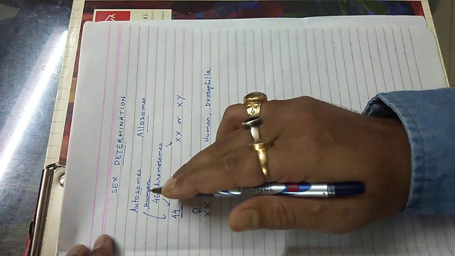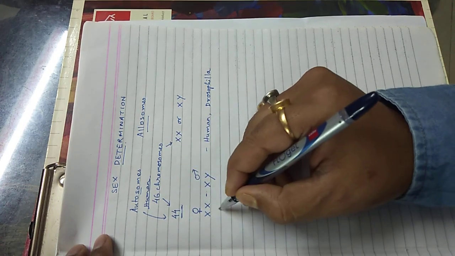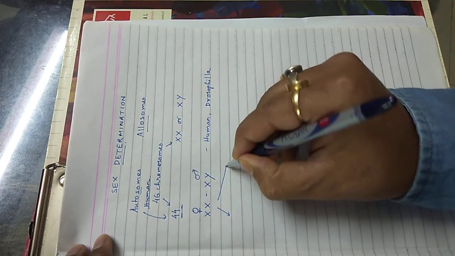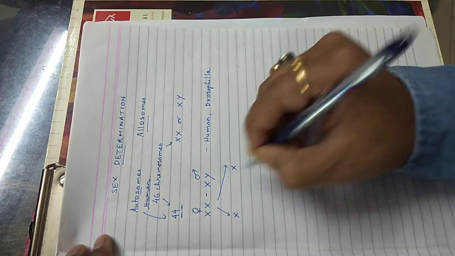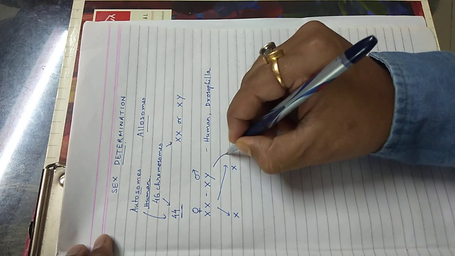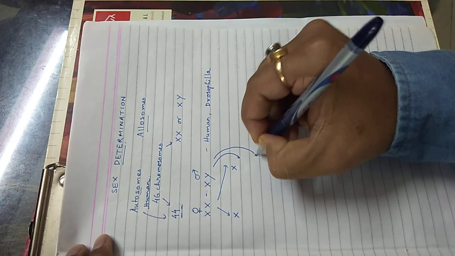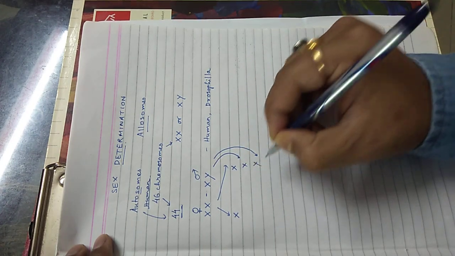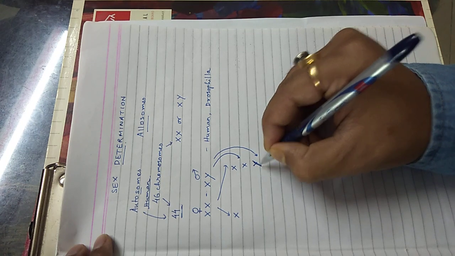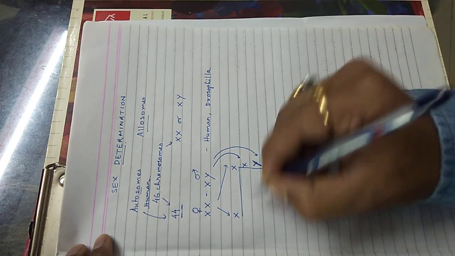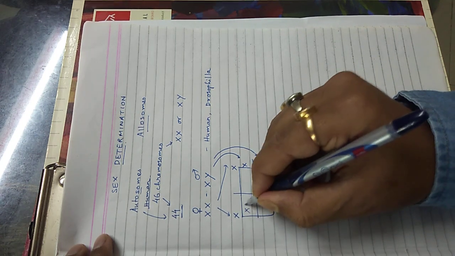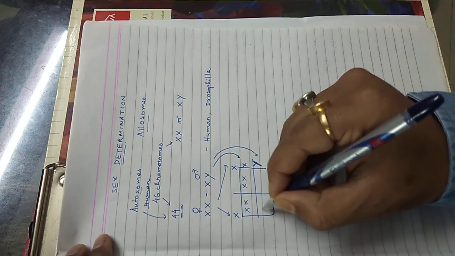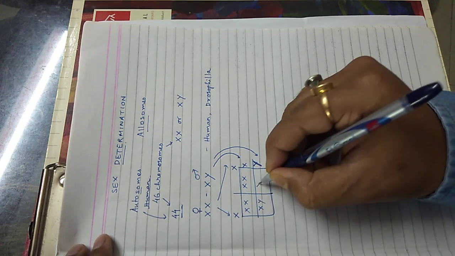So along with the autosomes, which will become half, the females, when they form eggs by meiosis, will form only X, so the eggs will be similar, and the male will form X and Y. Upon combination, we have XX, XX, XY, XY.